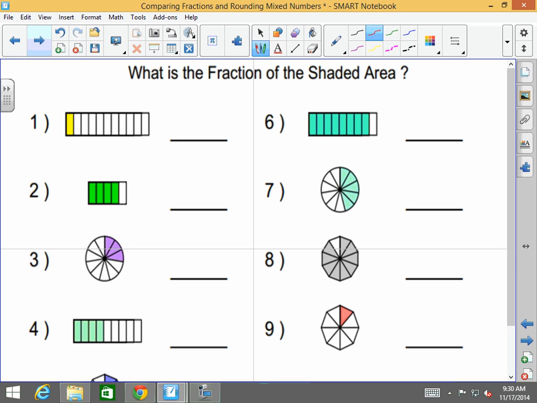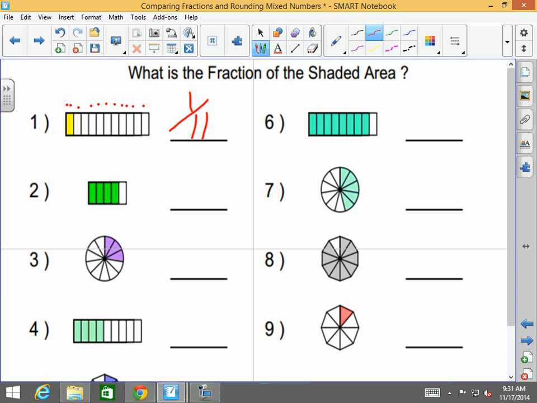So what would this fraction be here for number 1? 1 out of 11, because I have 1, 2, 3, 4, 5, 6, 7, 8, 9, 10, 11 whole pieces, and I have 1 out of 11. Excellent. How about number 2?